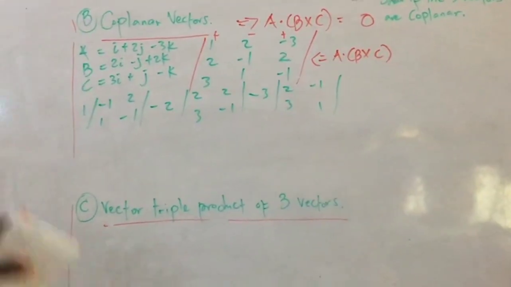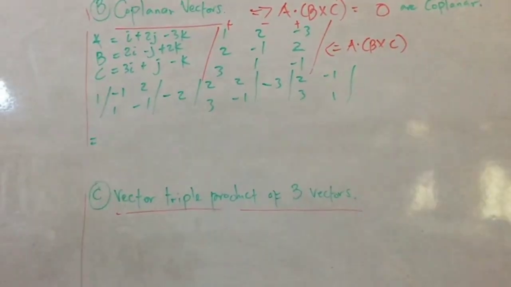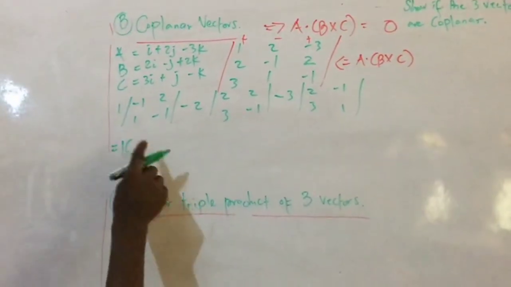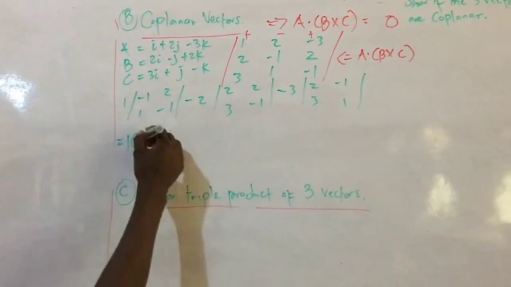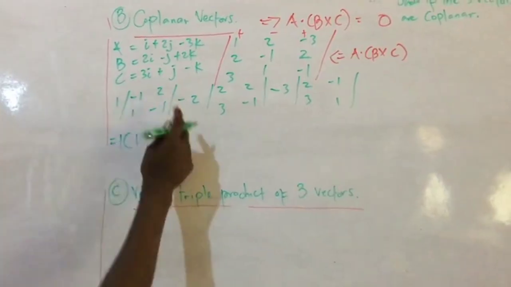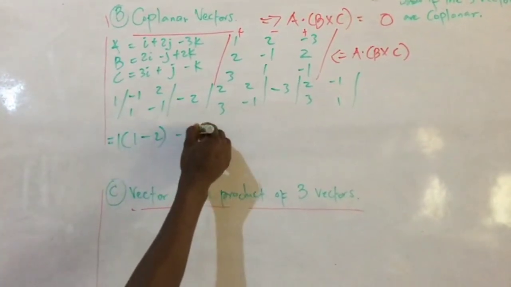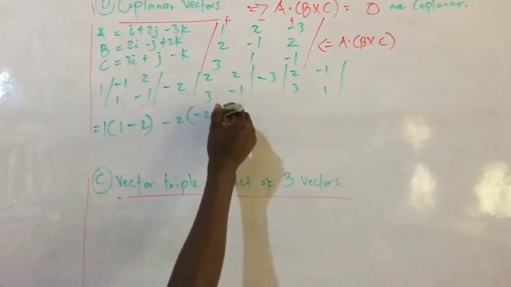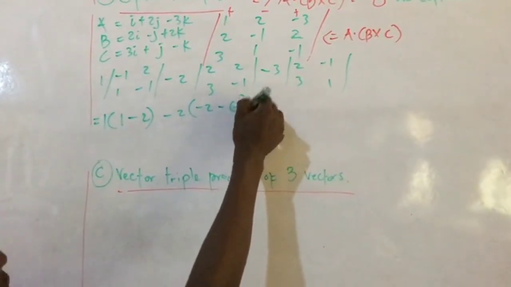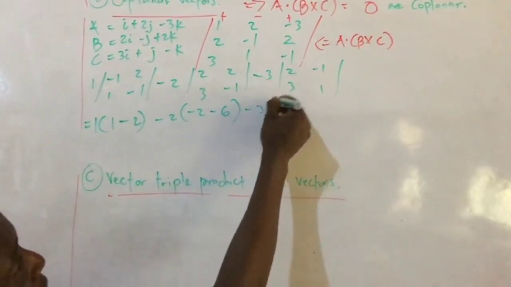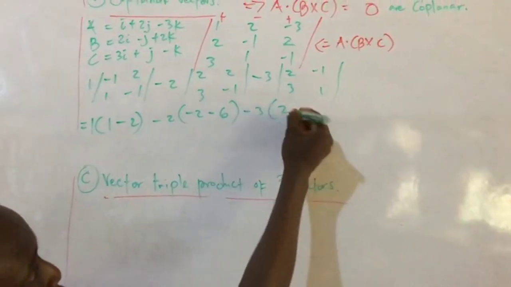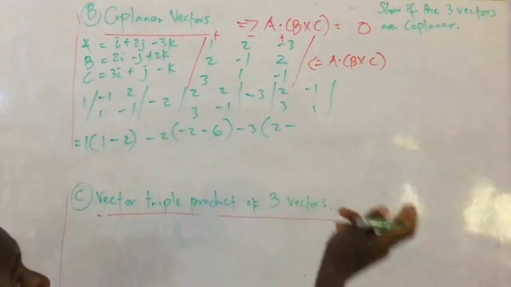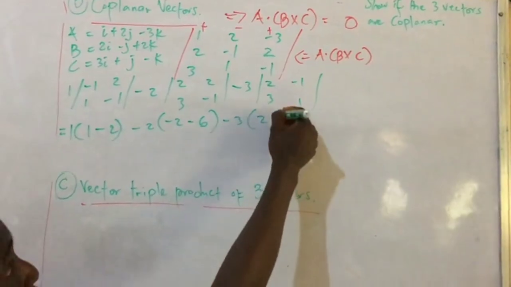So now we can solve out the determinant. We have 1 into bracket: this multiplied by this will give us 1, then minus this multiplied by this, that's 2. Then minus 2 into bracket: this multiplied by this will give us minus 2, then minus this multiplied by this will give us 6. So we have minus 3 into bracket: this multiplied by this will give us 2, then minus this multiplied by this will give us minus 3. Then minus 3 times this will give us plus 3.